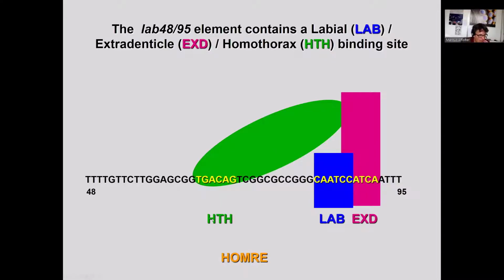Yet another very nice paper, because we had everything. We could do single point mutations, generate flies, ask whether they bind, whether they are activated or not, ask whether the protein would bind there. There we go. So in order for this gene to be activated by DPP, you need labial input.